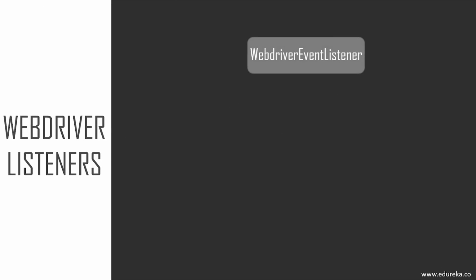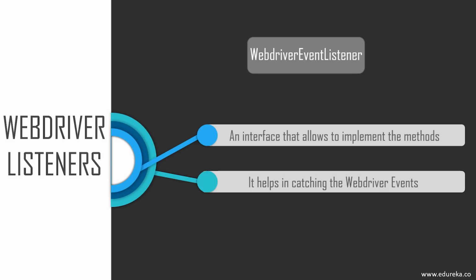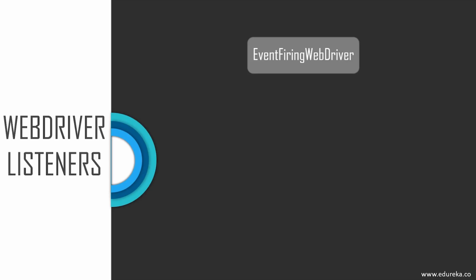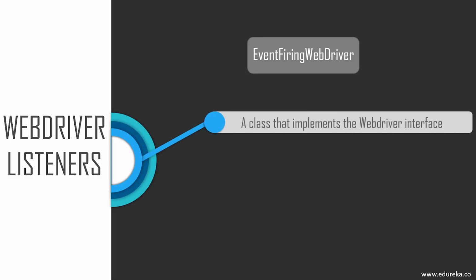First, we'll see what the WebDriverEventListener is. This listener basically helps in capturing the WebDriver events. Now what is EventFiringWebDriver? EventFiringWebDriver is a class that implements the WebDriver interface. So what does this mean?